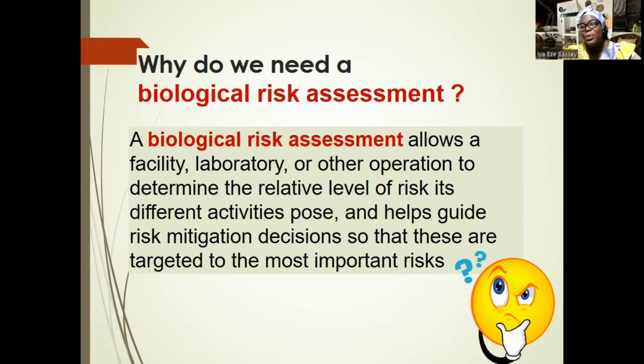A lot of procedures that go on in the lab release different types of toxins. Some of them may be harmless, some of them may be very dangerous if they get out. And so depending on their level of risk, if you're able to assess the level of this risk, you can decide which mitigation decisions to use.